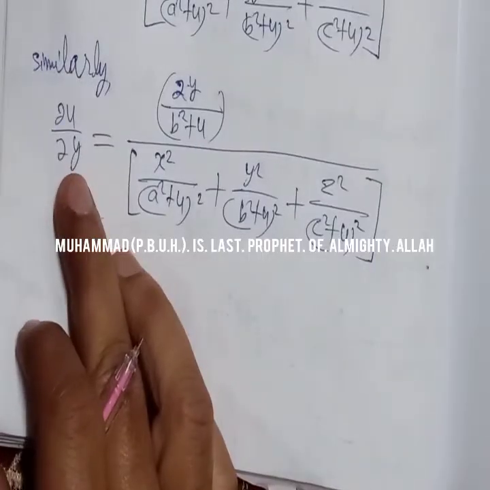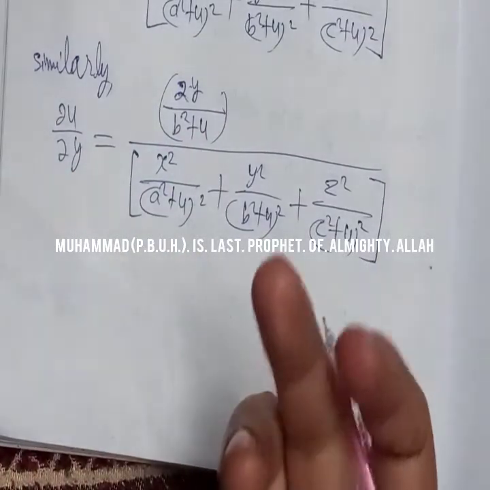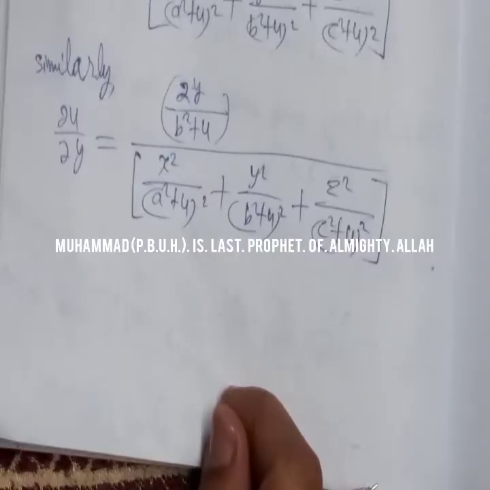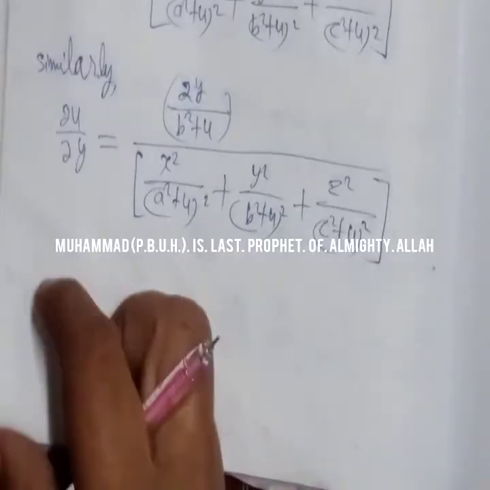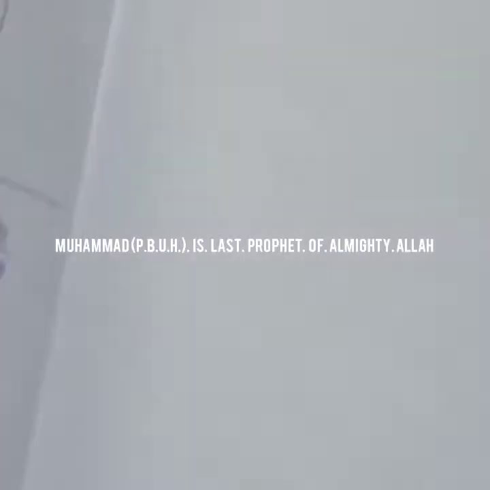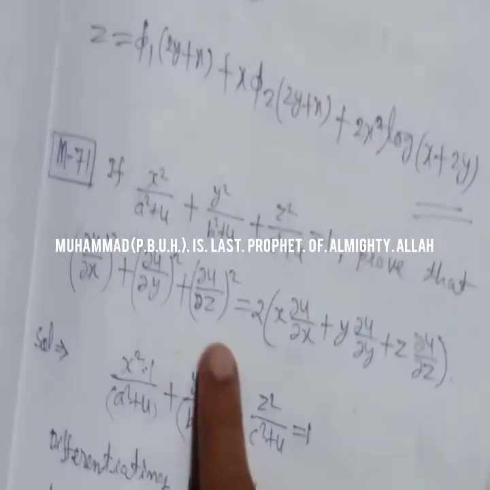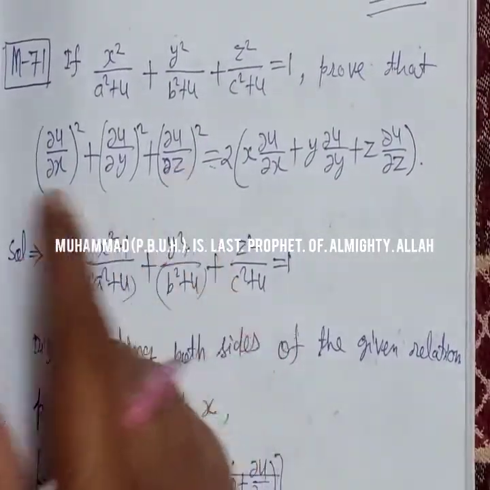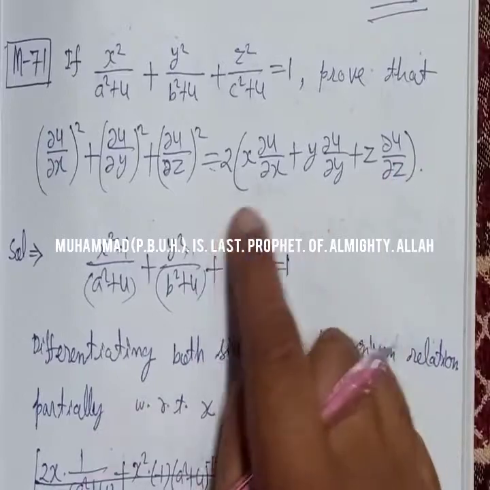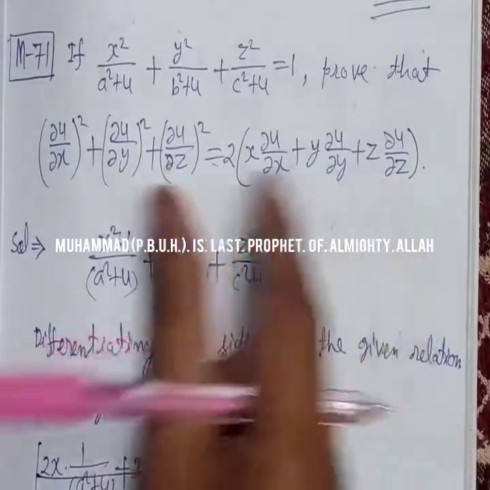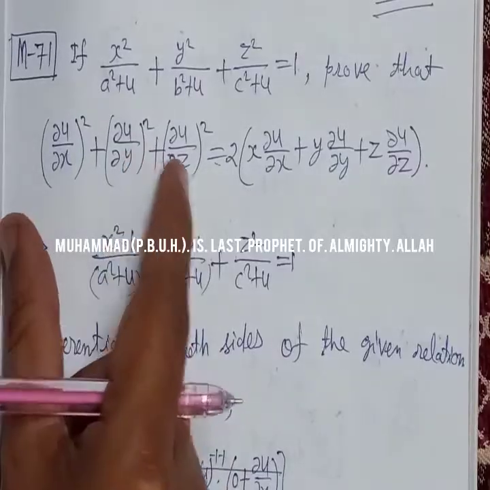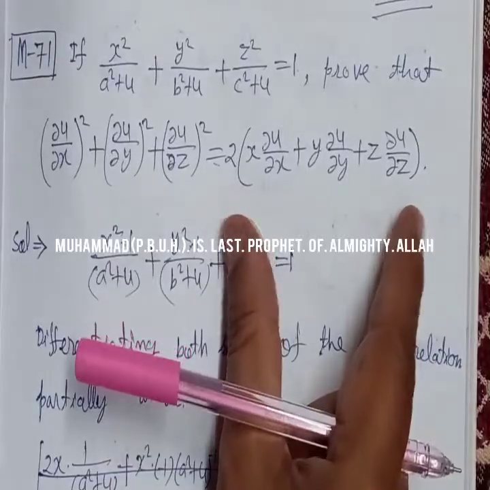All three values we will use in proving. So I write these values, and we have to prove this. When we write this value, it becomes this value. So I write it first, and then we find this value and make it equal to this value.